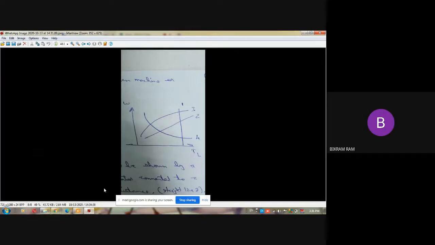Sir, when a machine is run over synchronous speed, then this kind of behavior is shown. Which machine? Which machine?